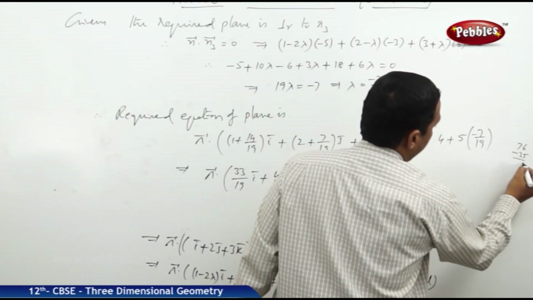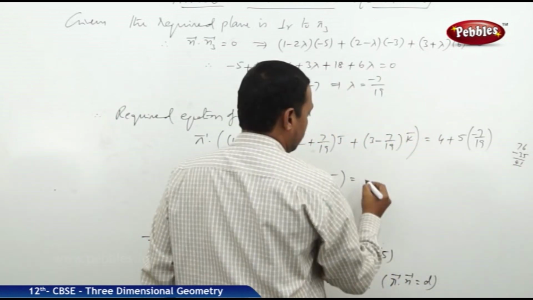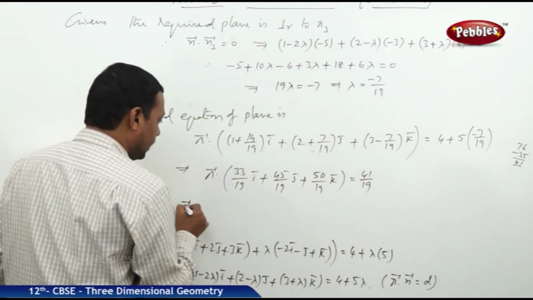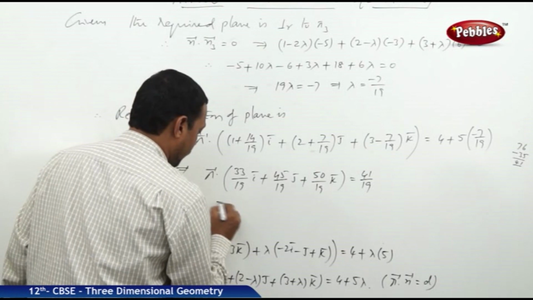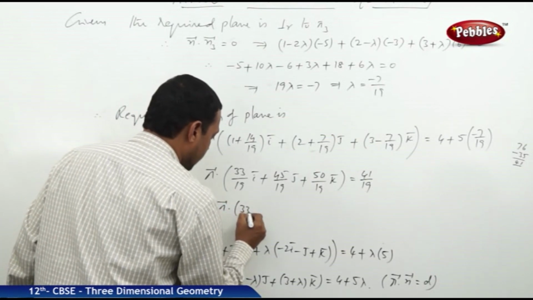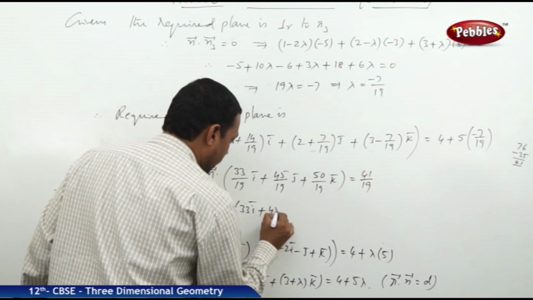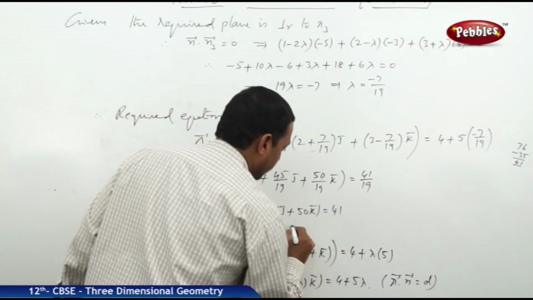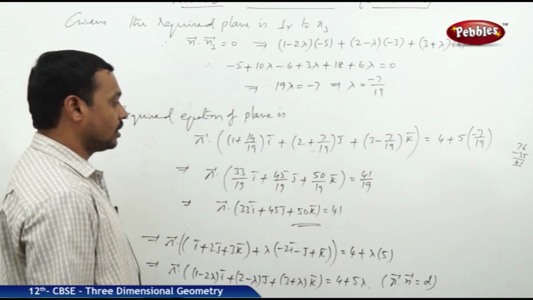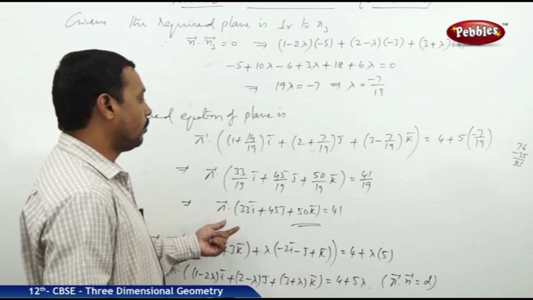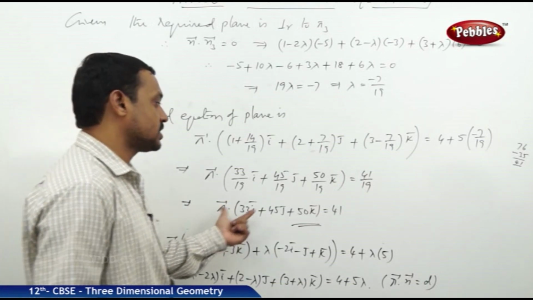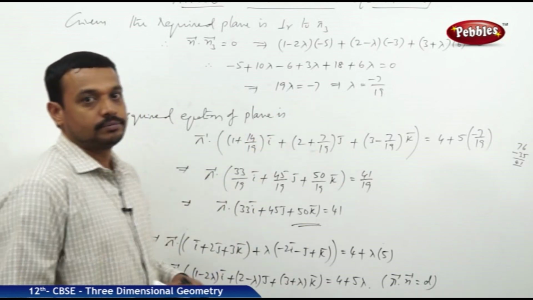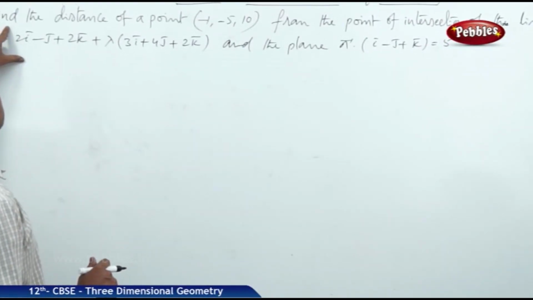What about this? It is 41. Therefore, it is 41 by 19. Now clearly 19 will be cancelled on both sides. So finally it is r dot 33 I vector plus 45 j vector plus 50 into k vector is equal to 41. Now this is the equation of the required plane passing through the line of intersection of the two given planes as well as perpendicular to another plane. Now, here is one problem.